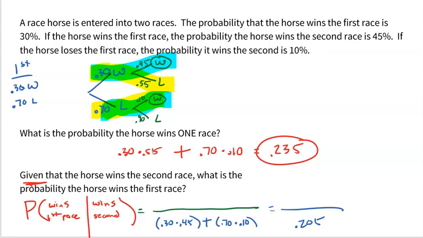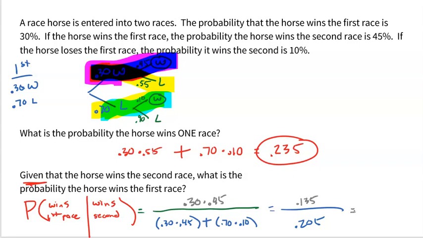All right, now on the numerator, we want to win the first and the second. Remember, the numerator is both, winning the first and the second. Only one branch is winning both. And that's kind of cool, actually. It's kind of highlighted there. It looks terrible, but anyway, that would be 30% for the first and then 45% to win the second. So 0.3 times 0.45 is 0.135.